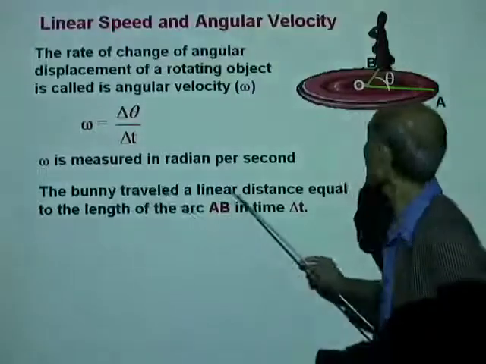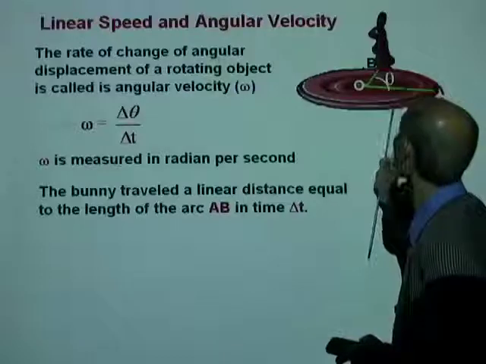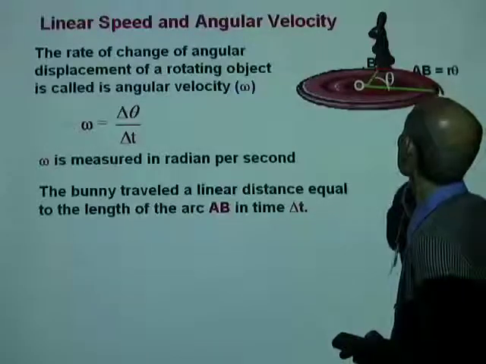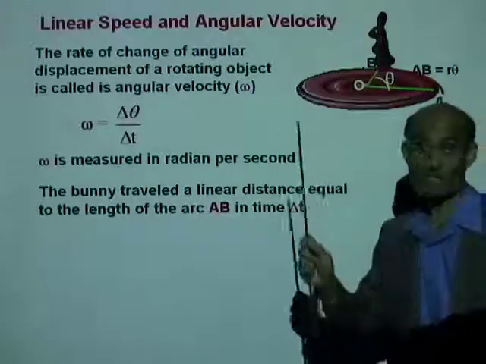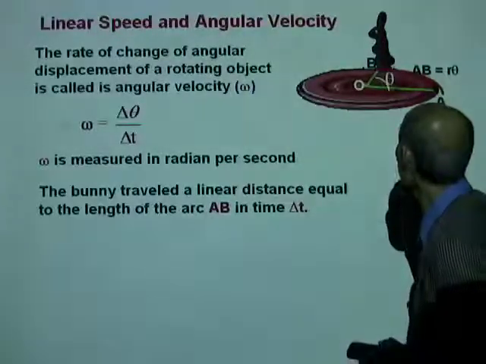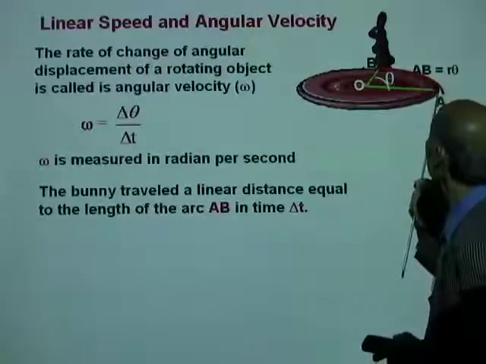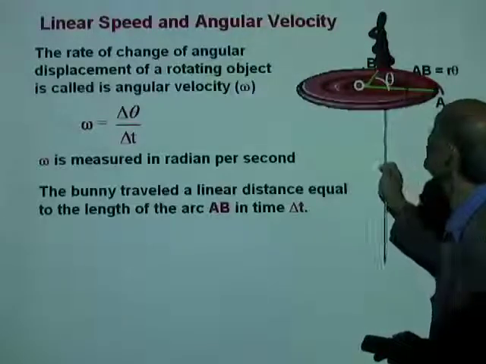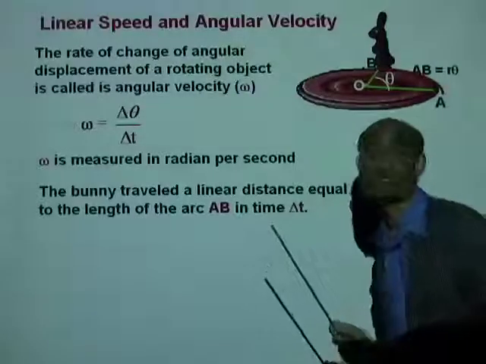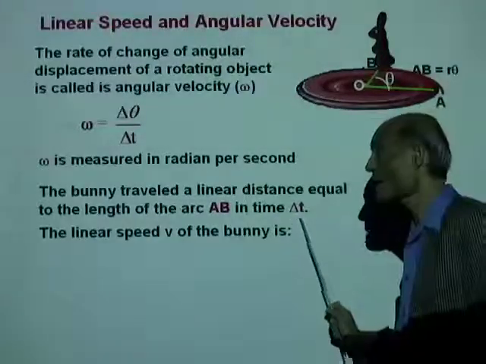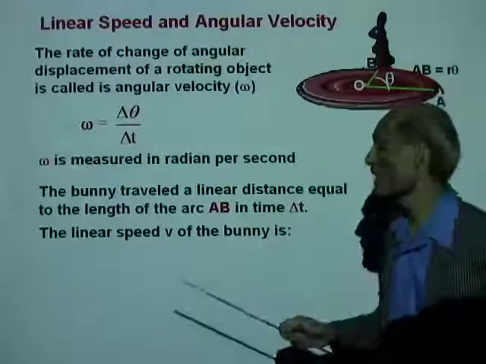The bunny traveled a linear distance equal to the length of this arc. Is that right? And that length AB equals r theta. Again, we discussed that in circular motion. The length of the arc equals the radius times theta. That means the bunny traveled a linear distance AB equal to r theta during this time delta t. Therefore, what is the linear speed of the bunny?